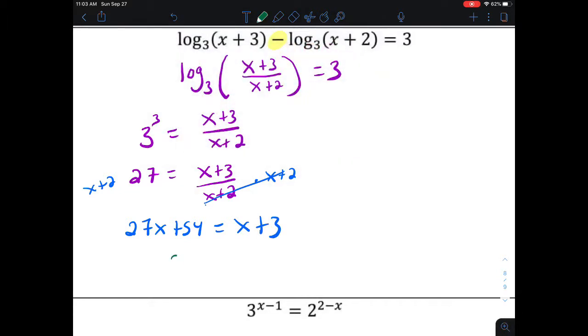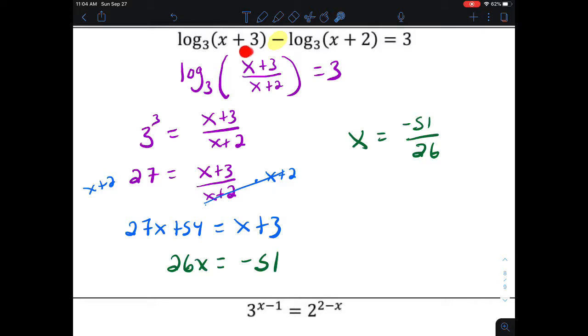So I get my x's on the same side. So 26x equal to negative 51. Divide by 26. And we have this here. So negative 51 over 26. I don't box that thing in yet. I want to look and make sure that I can use it.